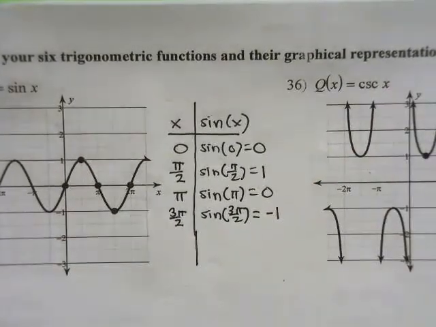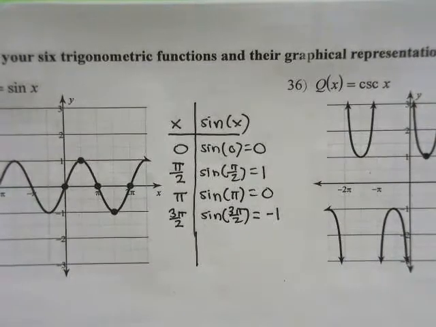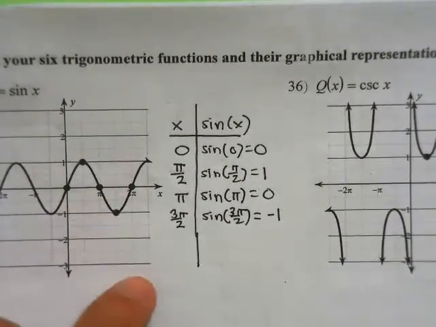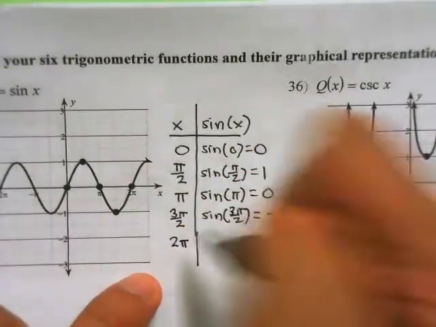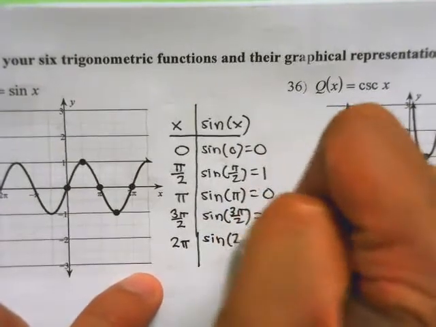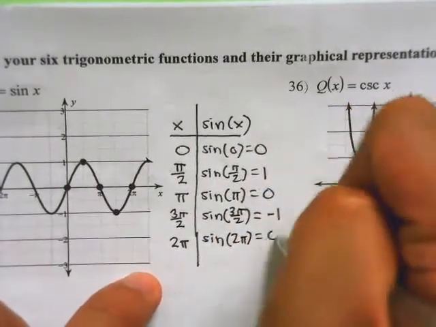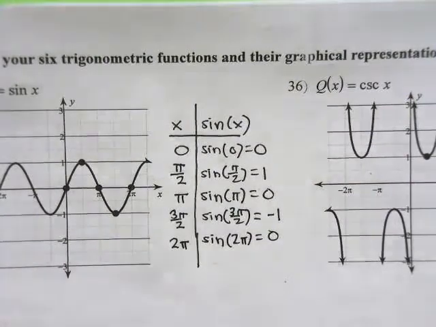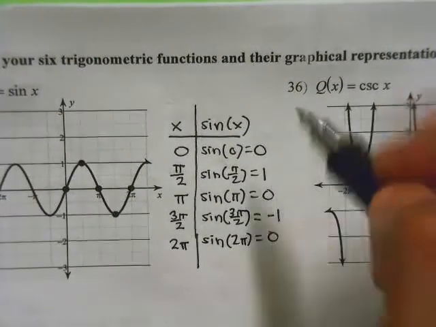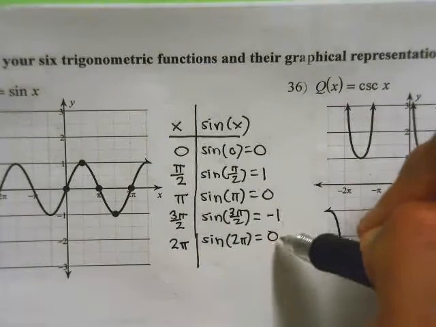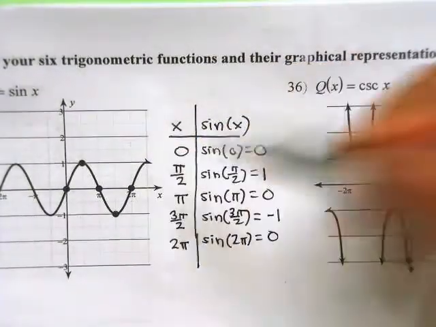And then the oscillation, the period for this is every 2 pi, so it just goes back up to 0, or 360 degrees for 2 pi. So sine of 2 pi is going to equal 0. So you have an oscillating function. It goes from 0, 1, 0, -1, 0, and just goes up and down like that.